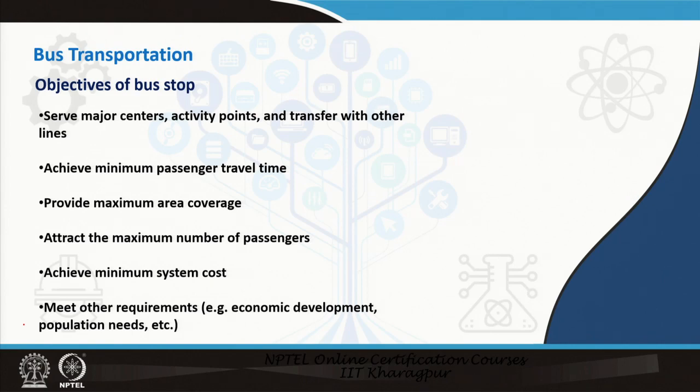Just a quick recap of what the objectives of a bus stop or any metro stop are. It is to serve the major centers, activity points, and transfer with other lines, right. So, that is a location where everybody needs to access in a timely, hassle free fashion, so that they can then get on the public transportation system.